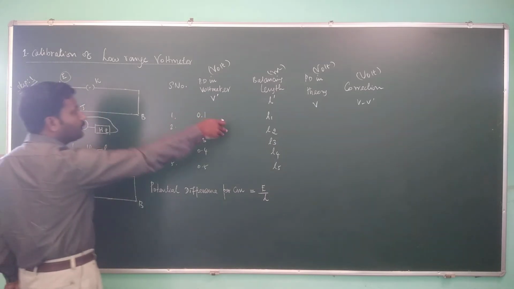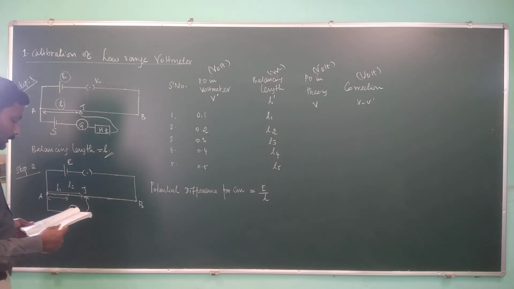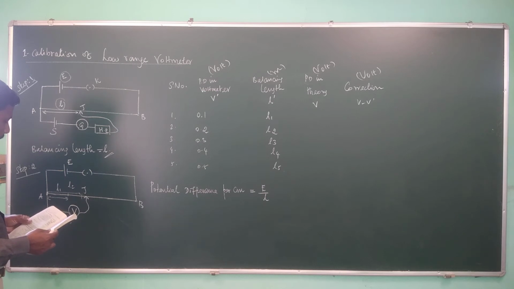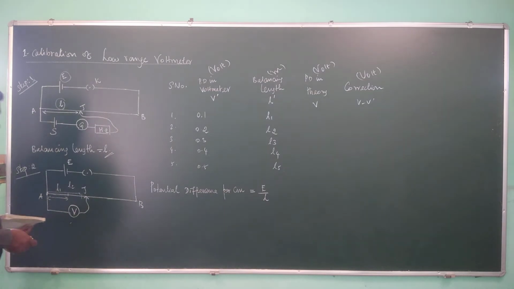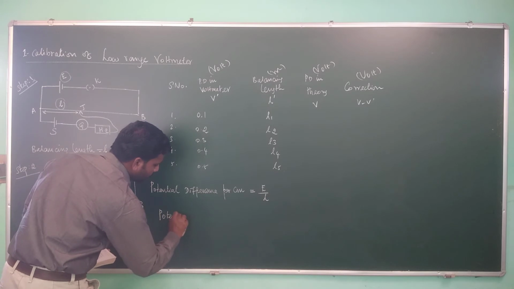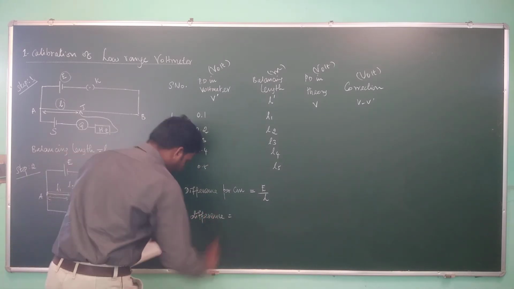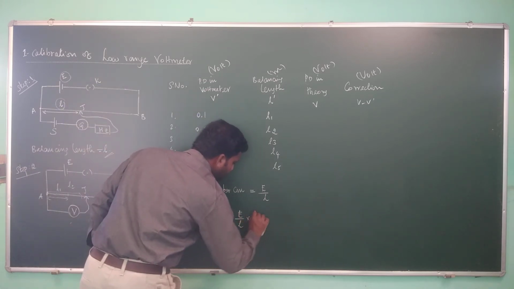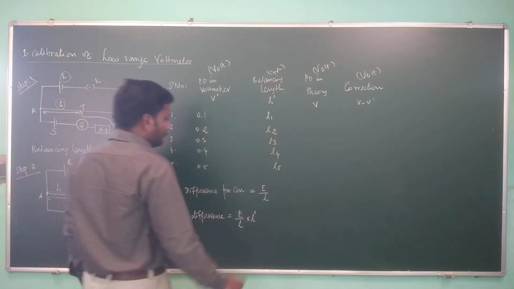In that way we have readings here. Now we can calculate this potential difference. The formula for the potential difference in the second case is E by L multiplied by L prime. These are all in volt.